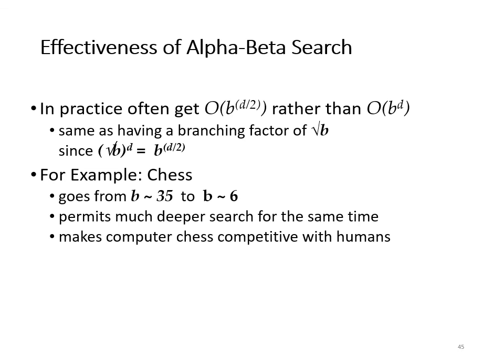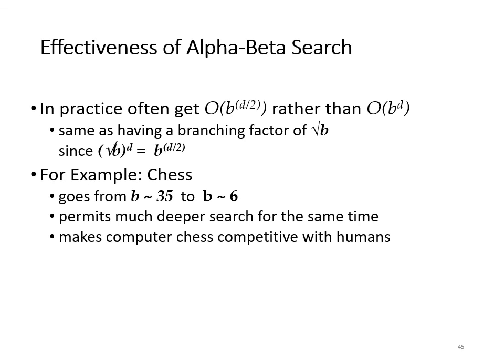In practice, performance is closer to the best rather than the worst case. So when we talk about the complexity in practice, we often get order of b to the power d by 2 rather than order of b to the power d. When we take normal min-max search, then time complexity is order of b to the power d. When we are performing alpha beta cutoff, then time complexity will be order of b to the power d by 2. Same as having a branching factor of square root of b.